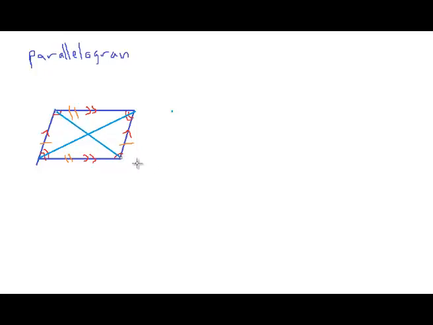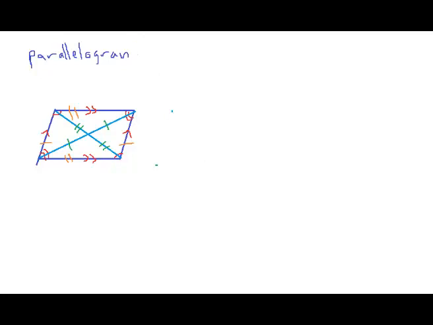Diagonals bisect each other, which essentially means that this part of this line will be equal to that part, in other words, on either side of the place that they crisscross, and this part will equal this part. Diagonals bisect each other. Those are the rules that apply to all parallelograms. Opposite sides are parallel, opposite angles are equal, opposite sides are equal, diagonals bisect each other. That's true for all parallelograms.